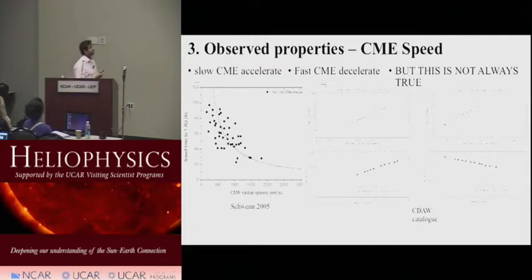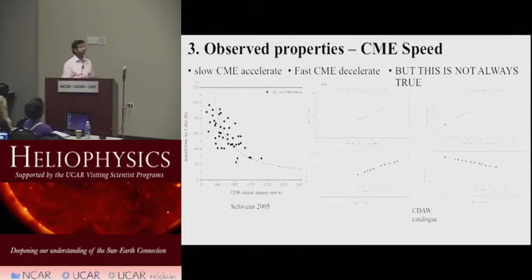And what's important with this is that the slow CMEs tend to have an acceleration profile, and so they go out and accelerate. Whereas those that initiate at a very explosive high speed tend to get held back by the solar wind ahead of them, and they decelerate.